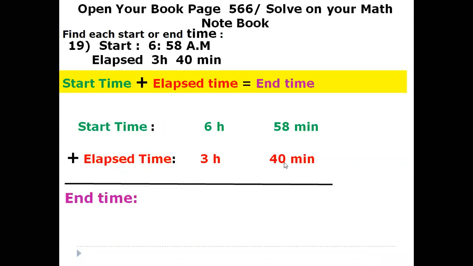The minutes, if you add them, you get 98 minutes, and the hours, 9 hours. But look, is there something in the world that has 98 minutes? No, we have a maximum of 60 minutes.